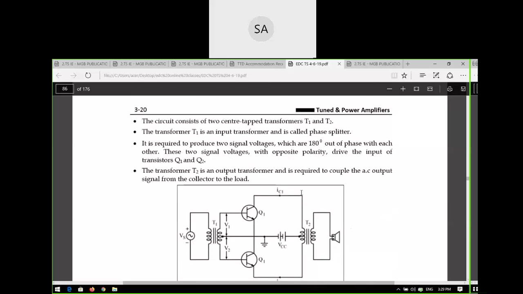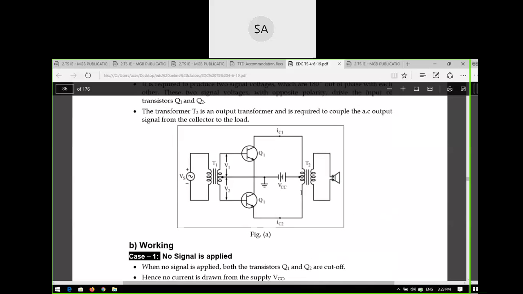How many transistors are present in the push pull power amplifier? Two transistors, Q1 and Q2. The transformers used are two center tapped transformers, and the load is a loudspeaker.